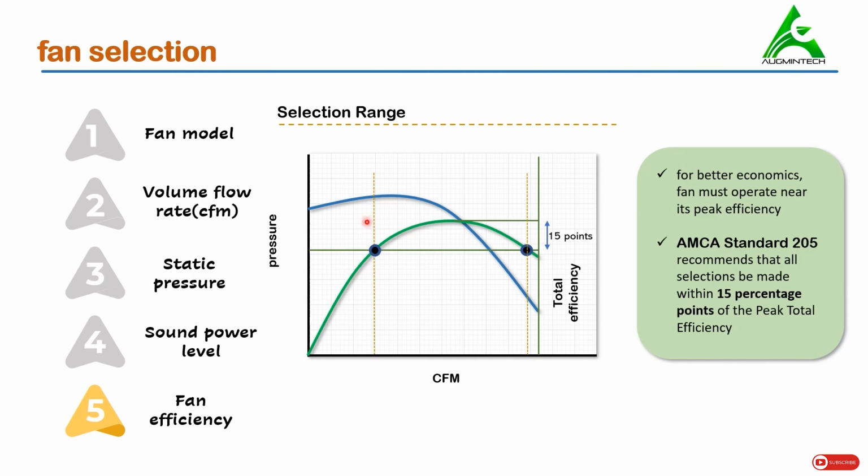As we can see, these lines also intersect with the fan performance curves at these locations. So these two locations will determine the selection range of any fan. So based on AMCA standard 205, now we can select a suitable fan within 15 percentage points, and this is how the selection has to be done on the basis of fan performance curves.